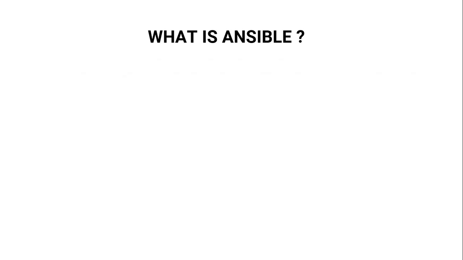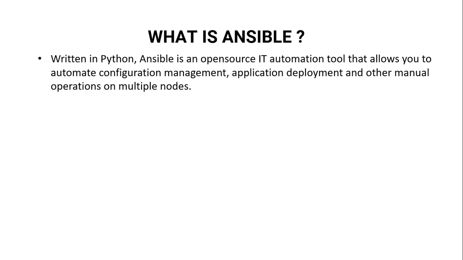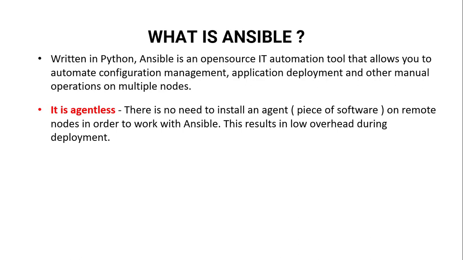So what is Ansible? Ansible is an IT automation tool that is open source and it allows you to automate configuration management, application deployment, and other operations on multiple nodes. Unlike other IT automation tools like Chef and Puppet, Ansible is agentless. This means that there's no need to install any piece of software on the remote systems in order to work with Ansible.